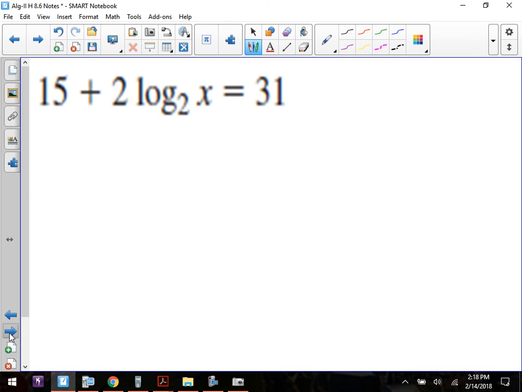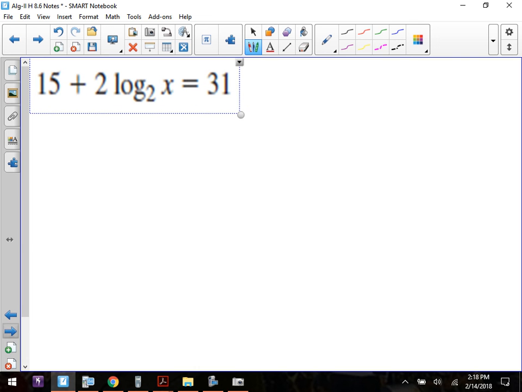Sometimes there are multiple ways to solve. I'm going to show you 2 different ways to solve this. You have 15 plus 2 times log base 2 of x equals 31. There's another way that you could write this, because remember how we did all the condensing and expanding yesterday?